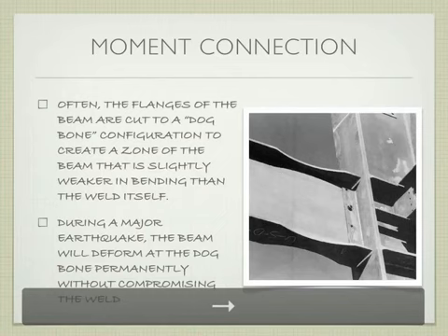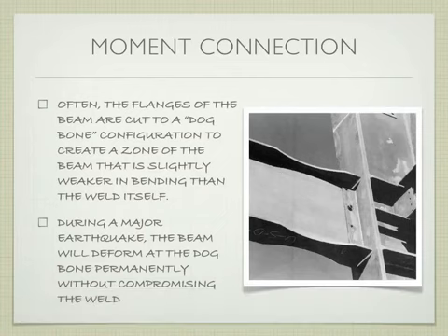The other thing that happens is that the flanges of the beams, when it comes into a moment connection, typically have these little scoop cutouts that are called dog bones. And those scoop cutouts are basically intentionally weakened sections of the beam, such that in a major earthquake, or some kind of extreme lateral load that happens on the building, any kind of stress will manifest itself here at the weak point rather than cause cracking at the moment connection.